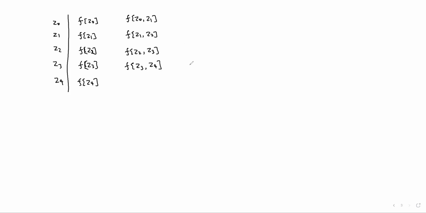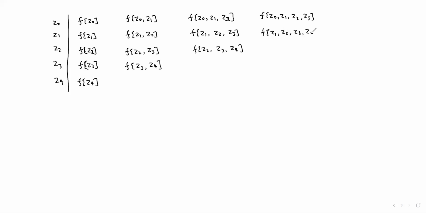The next column, divided difference of order 2: C0, C1, C2; C1, C2, C3; C2, C3, C4. And then the next column is order 3. The last column is order 4.